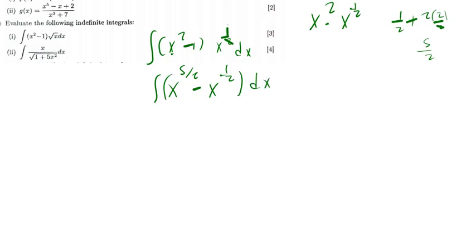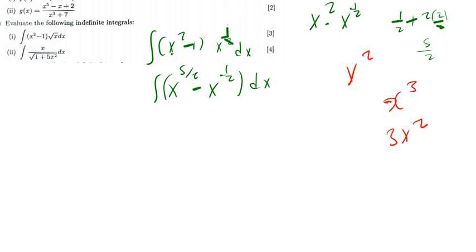Then now you start integrating. Integrating is basically the reverse of derivative. When we're talking about differentiating, if you have x to the power 3, the derivative is 3x to the power 2. So you drop the power, and the power reduces by 1.